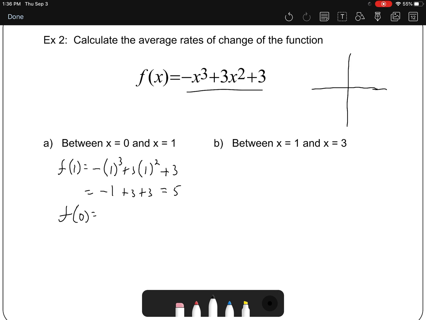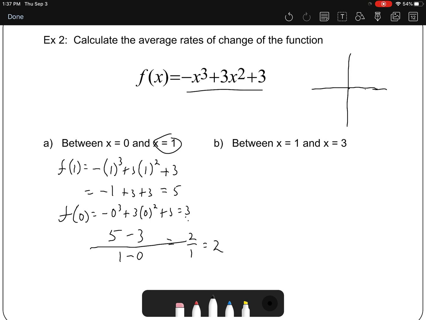So we get negative 1 plus 3, which is 5 would be f of 1. And then f of 0, well, that's simple. Negative 0 cubed plus 3 times 0 squared plus 3, that's simply 3. So if we're going to find the rate of change, we are going to find the change in y from this point, which is 5, minus 0, which is 3, all over 1 minus 0, which is 2 over 1, which is 2.